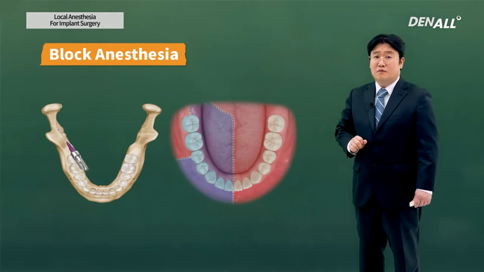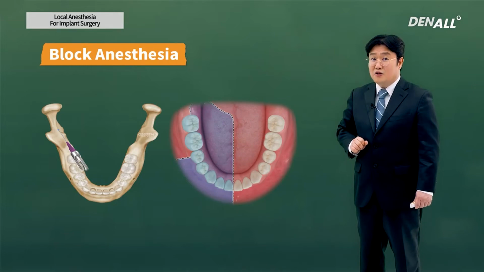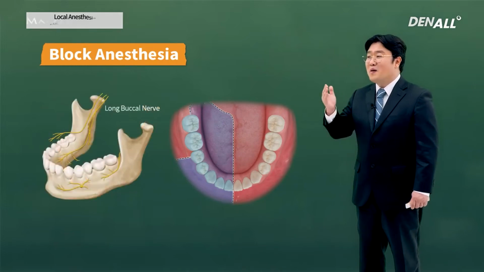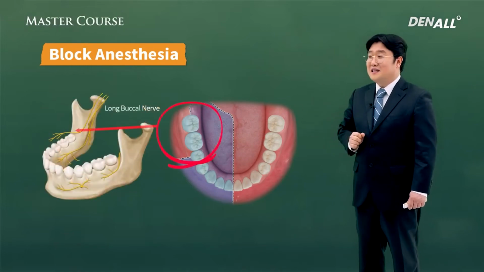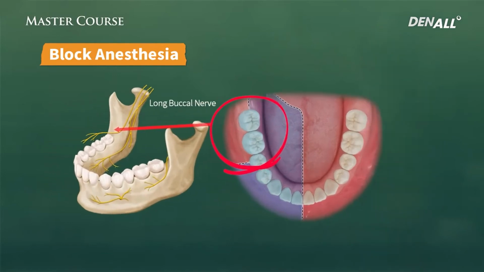The reason is the long buccal nerve is not blocked. The entry point of the injection needle should be put on the mucobuccal fold of the lowermost posterior tooth and inject 1/3 cartridge into the area.